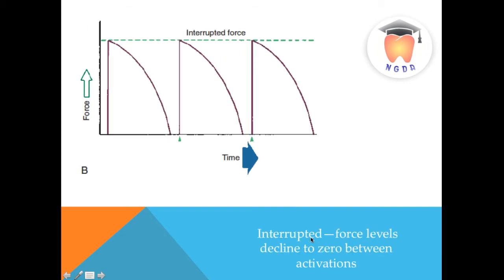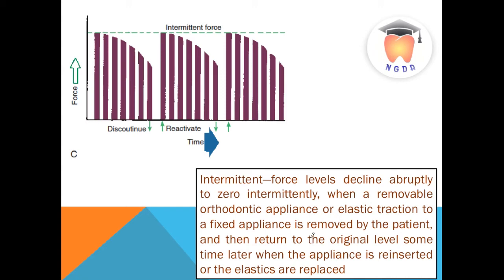Now coming to the third type of force, the intermittent force. This is the most important one, as the questions are mostly asked from this type. In intermittent force, the force level declines abruptly to zero intermittently, such as when a removable orthodontic appliance or elastic traction to the fixed appliance is removed by the patient, and then returns to original levels sometime later when the appliance is reinserted.